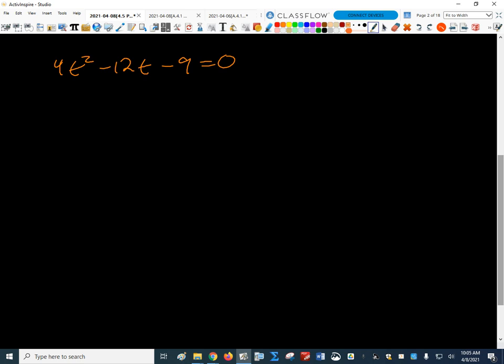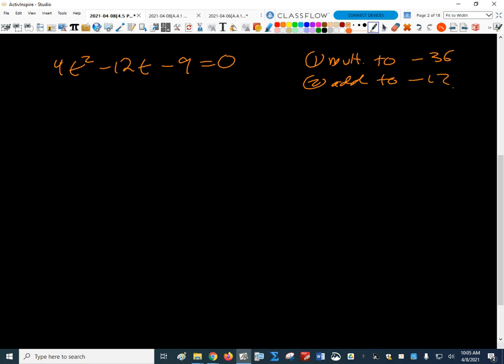Okay, well, we could see, right? We can solve this by factoring if we can find magic numbers, if they're easy to find. Magic numbers would have to multiply to -36, right? They have to multiply to AC, and they have to add to -12.